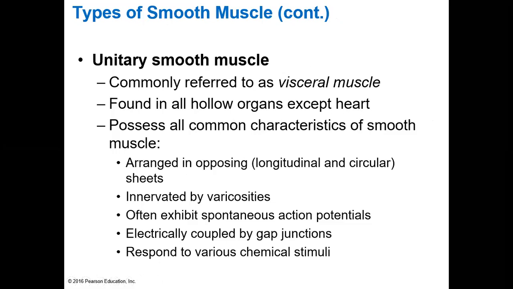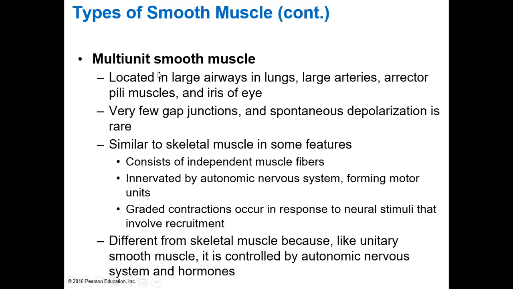So stomach, bladder, small intestines. They have longitudinal and circular sheets. They have varicosities. They have spontaneous action potentials that are coupled by gap junctions, so they can jump from cell to cell, and they respond to various chemical stimuli.